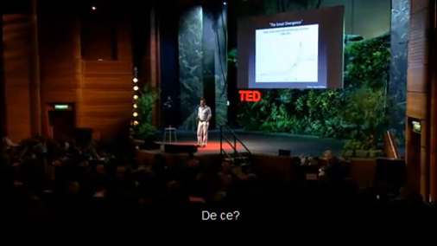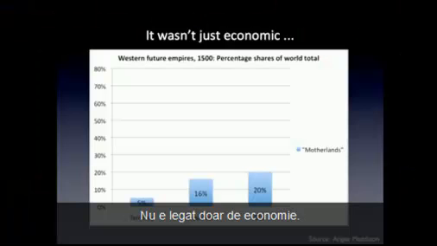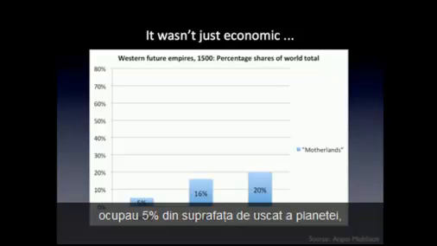So why? This wasn't just an economic story. If you take the 10 countries that went on to become the Western empires, in 1500 they were really quite tiny. 5% of the world's land surface, 16% of its population, maybe 20% of its income.